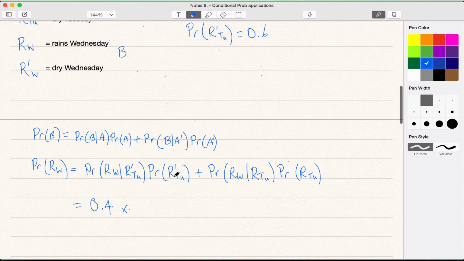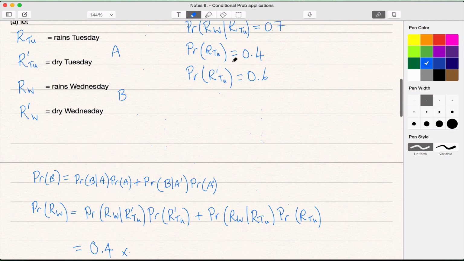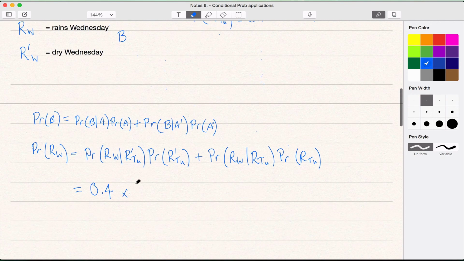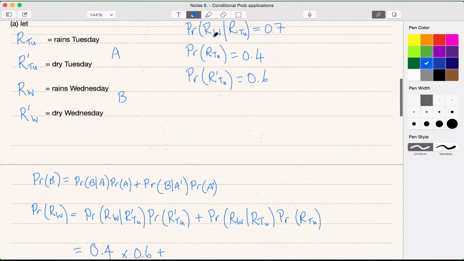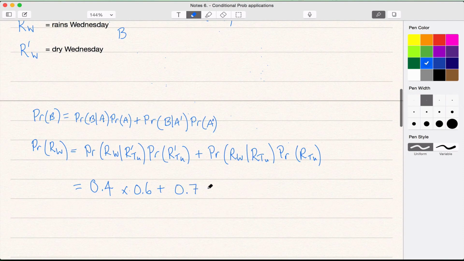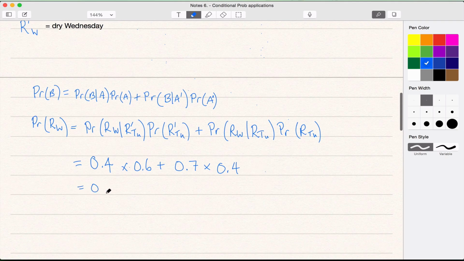Multiply that by the probability that it doesn't rain on Tuesday, which is 0.6, plus the probability that it rains on Wednesday given that it rains on Tuesday, it's 0.7. Times the probability that it rains on Tuesday, which we've already found here, is 0.4. Multiply these together and you should get 0.52, which is the probability that it rains on Wednesday.